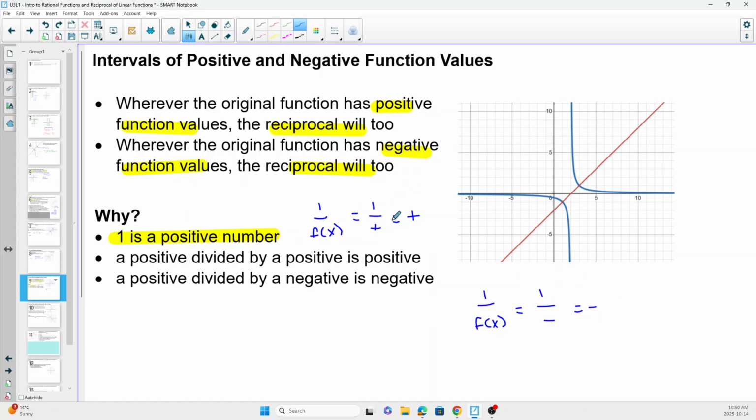So anytime the original function is positive, the reciprocal will be positive. Anytime the original function was negative, the reciprocal function will be negative because the numerator is always 1, which is a positive, and that doesn't impact the positive or negative value. Okay? So that's important. Again, that will really help your sketching of these functions.